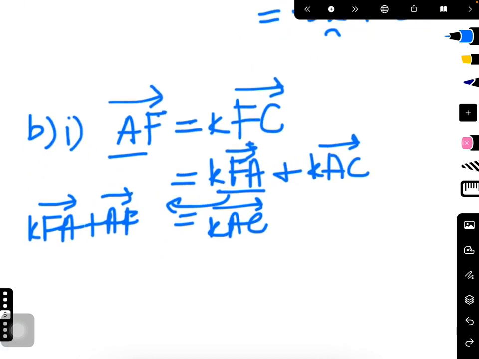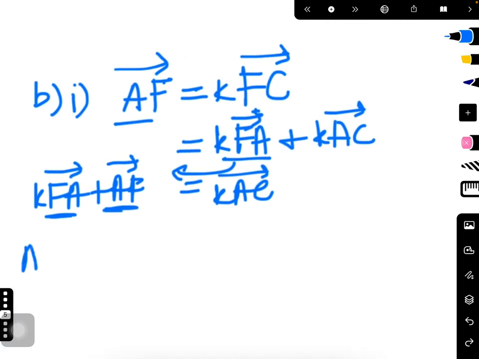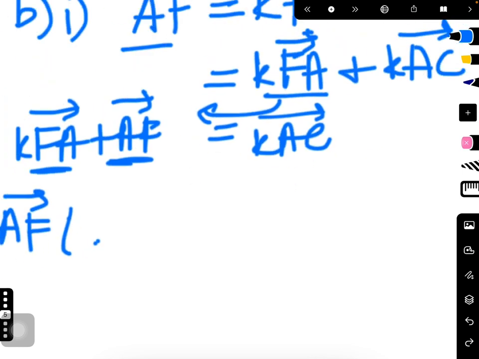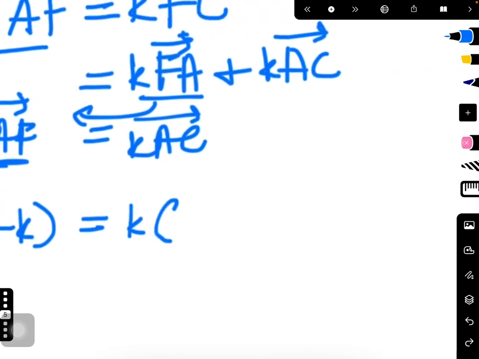We can see the same here, but we need to opposite that first. So we get AF plus 1 plus K. This K we get from this, equal to K. We got the AC.